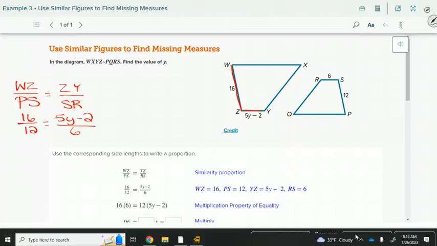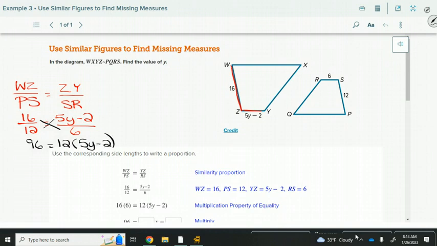I'm going to put this little cross, this little X in here, and we multiply across like this. So I'm going to multiply 16 times 6, and that gives us 96. Then I'm going to put an equal sign, and then I'm going to multiply 12 times that whole 5y minus 2.